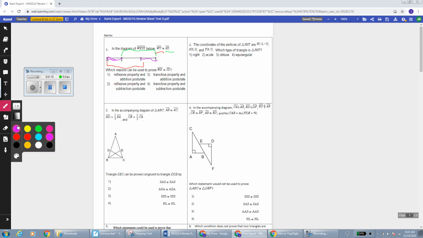So if we were to use subtraction here, we'd be starting with one of the long segments. So let's start with WY. And in order to be left with WX, we'd be subtracting off XY, this portion over here, to be left over with WX.